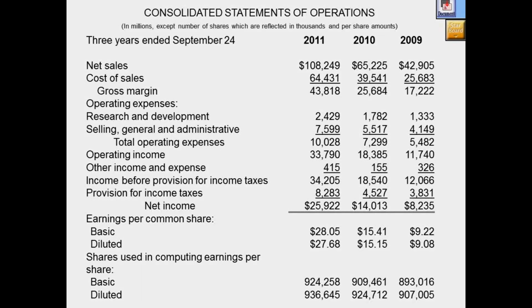Okay, then we're going to add interest and stuff, and now we're at EBT. Okay, we have our provision for taxes, and then income, just like this. So the real world looks just like what we've created. You're ready to go, except Apple just happens to be a fairly simple company. What happens when you look at companies that are less so?